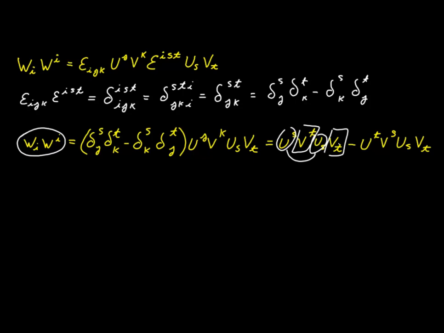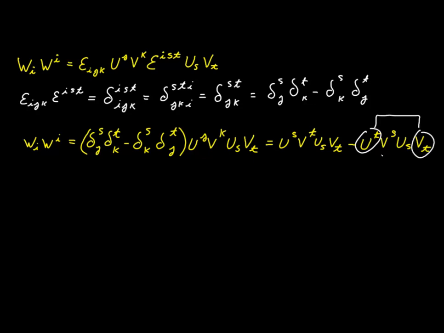It's the dot product of v with itself. This is the dot product of u with itself. Now, in this second term, this factor right here combined with this one is the dot product of vectors u and v. Well, this factor and this one is also the dot product of vectors u and v. So that means that our expression really looks like this.